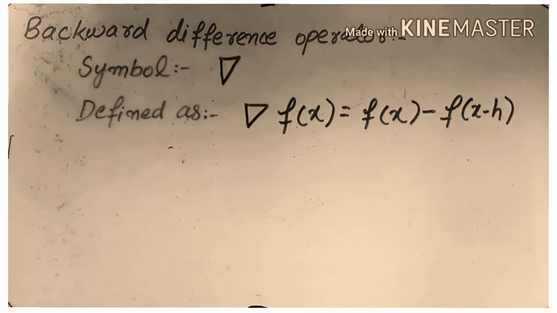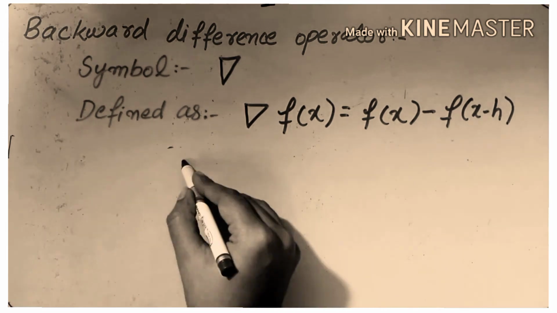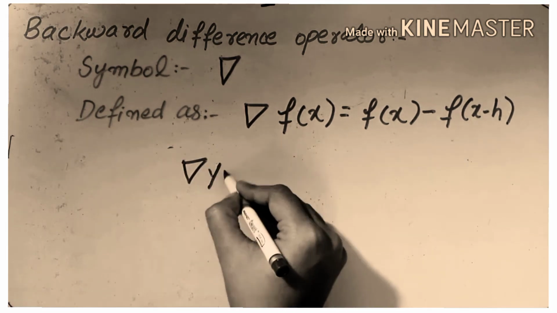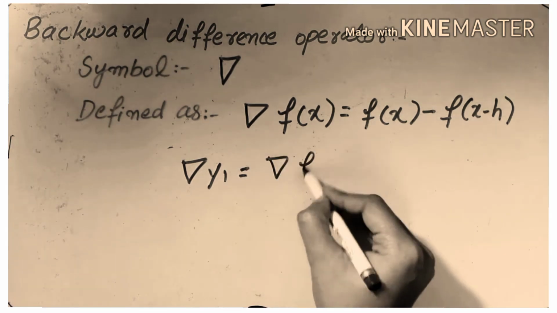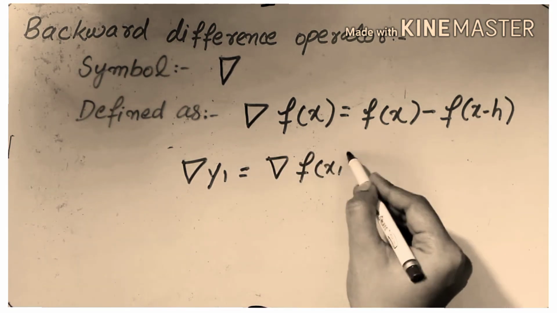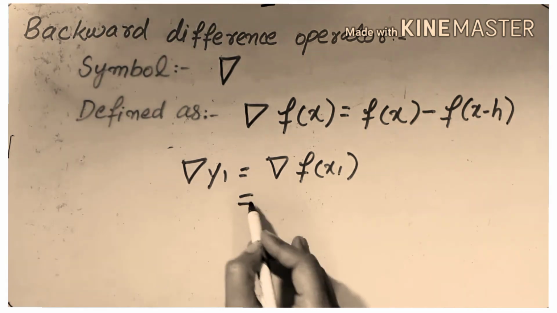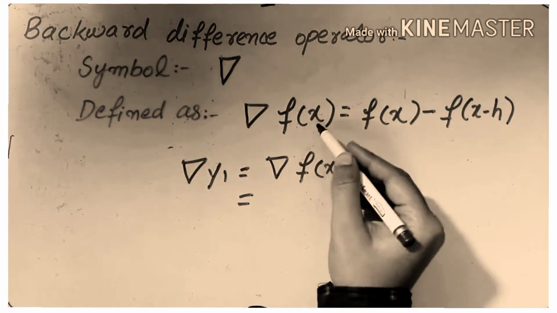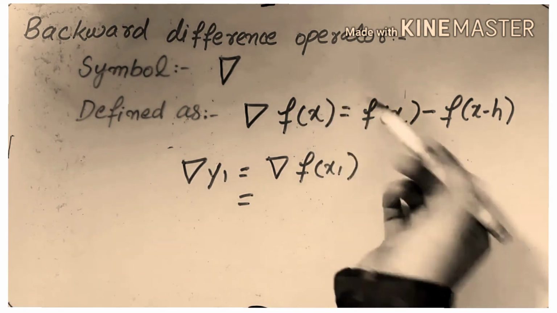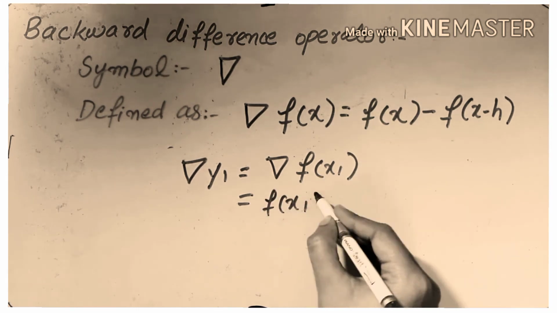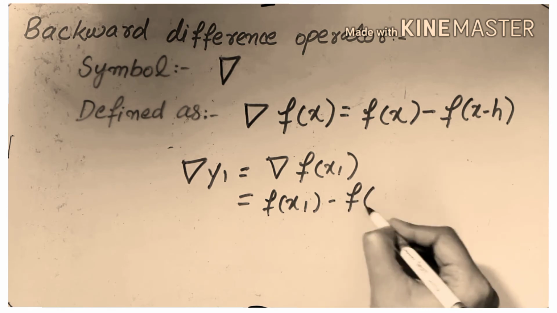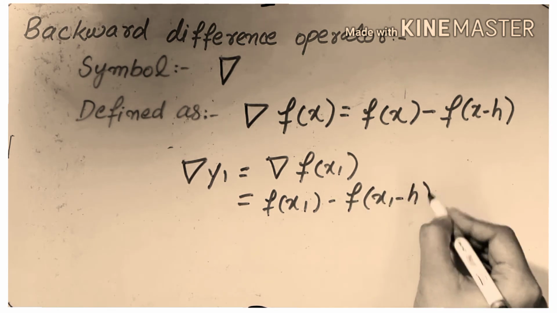We can find the backward difference of, for example, y1. We know that y1 is equal to f of x1. So now we will apply the backward difference operator on f of x1 in the same way. This becomes f of x1 minus f of x1 minus h.